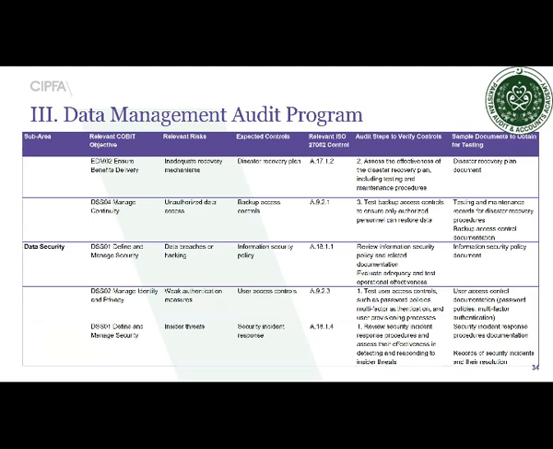Insider threats, security incident report would be the control to expect. Review security incident response procedures and assess their effectiveness in detecting and responding to insider threats. Security incident response procedure documentation, records of security incidents and their resolution. Are they also monitoring?